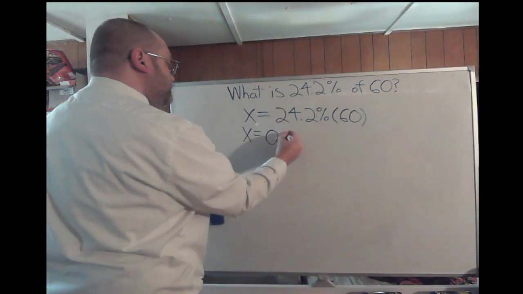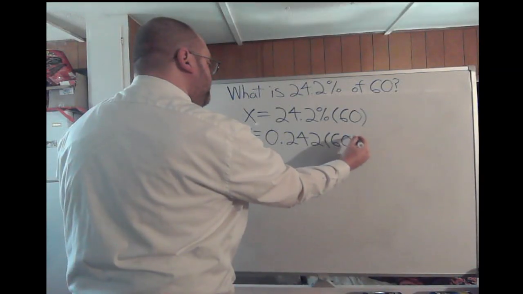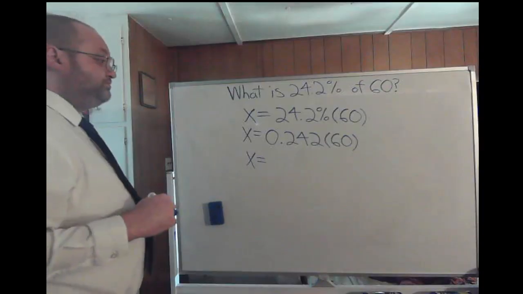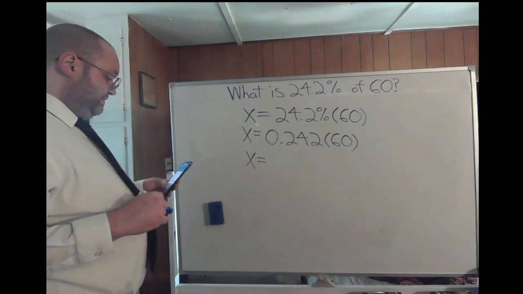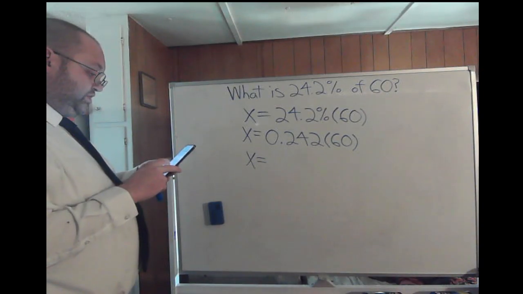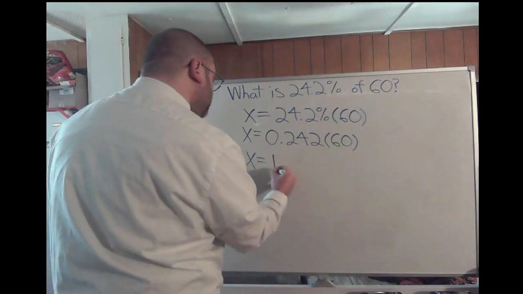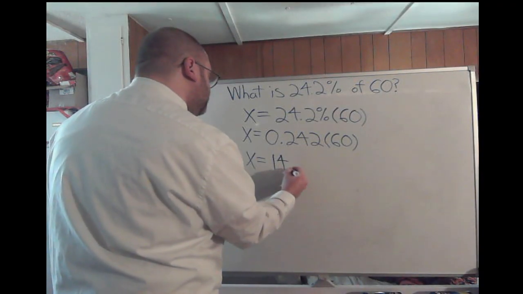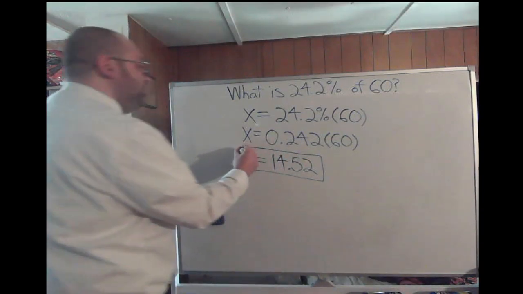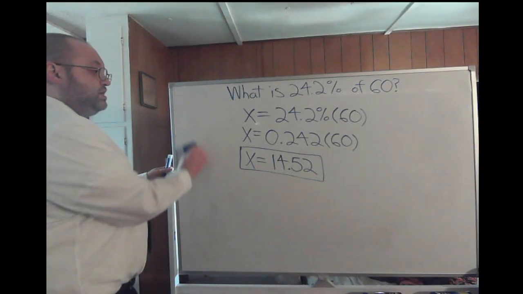That'd be 0.242. Take that times 60. And now we just have to plug this into the calculator and we will get our answer. 0.242 times 60 is 14.52. So the answer to this is 14.52. So 14.52 is 24.2% of 60.